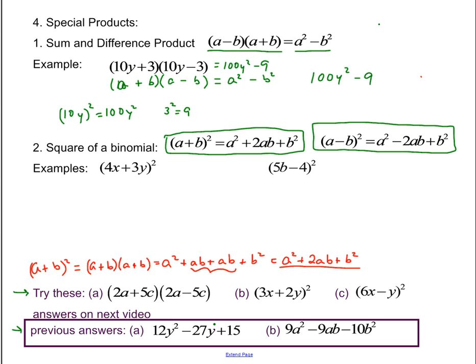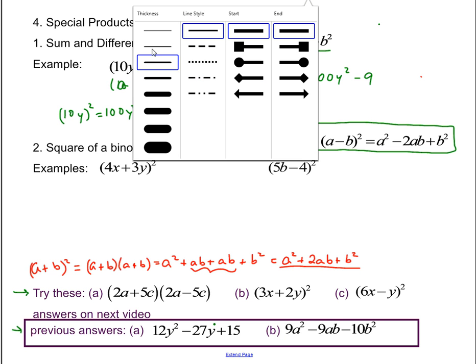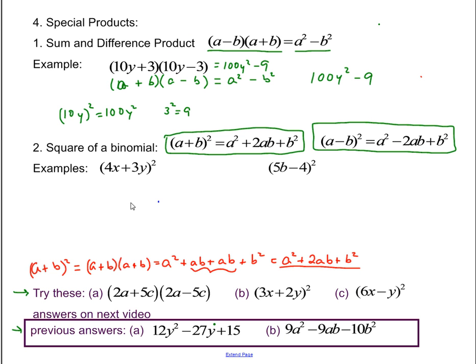Okay, so in our formulas, whenever we're working these out, that's exactly what's going to happen. We don't really have to know too much other than what's a and what's b in each of these groups. So that's the way we're going to do this. Let's check it out. We've got 4x plus 3y quantity squared. Well, in this case, a is being replaced with 4x, and b is being replaced with 3y.